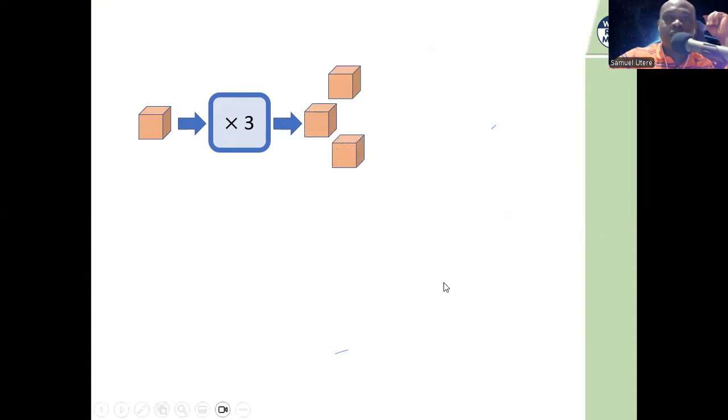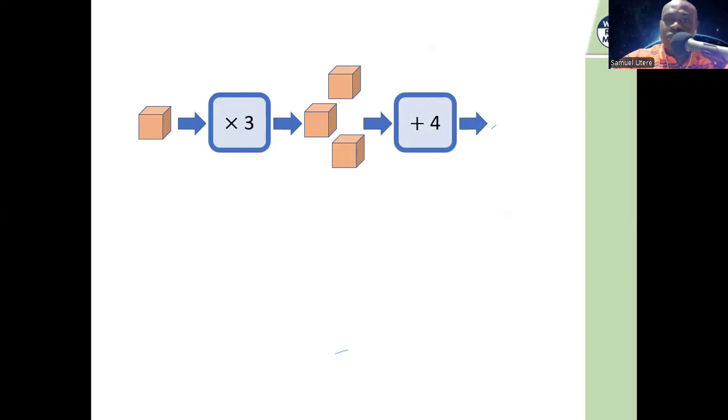But remember, we're doing a two-step function machine, so there is another part of the function machine, which is to add 4. Well, we do not actually know the value of the blocks, so we have to find another clever way of adding 4.